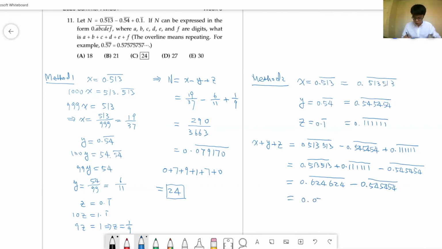It's 0.79170 repeating. Okay, and then we get a solution. So the answer is 0 plus 7 plus 9 plus 1 plus 7 plus 0, which is 24. So we get the answer 24. The second method is much simpler than the first one. And the first one is universal method. You'd better to know it, okay?